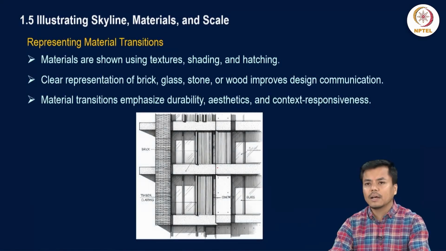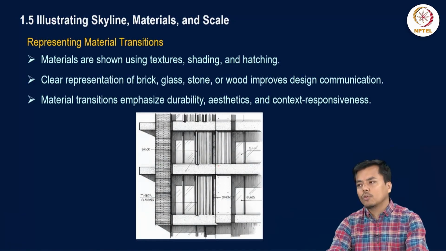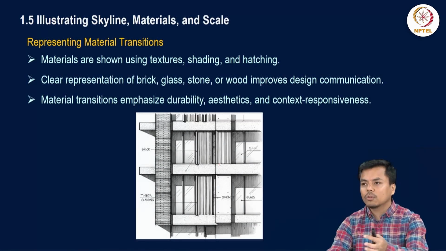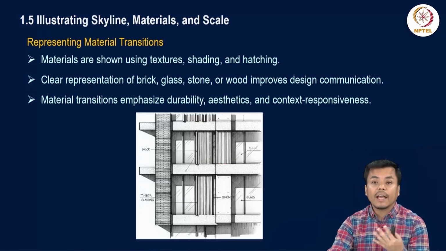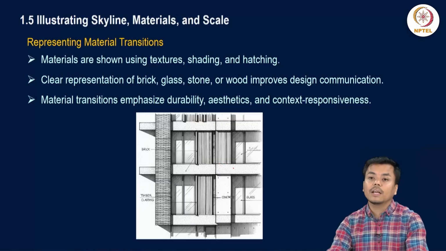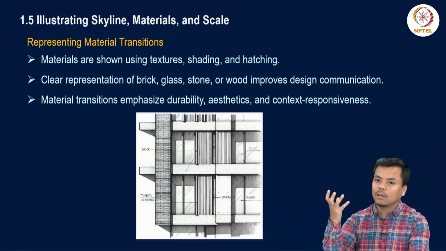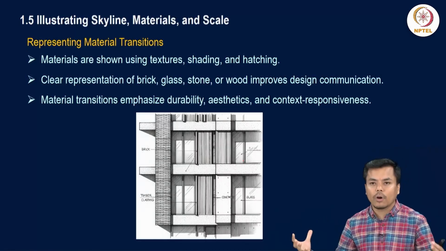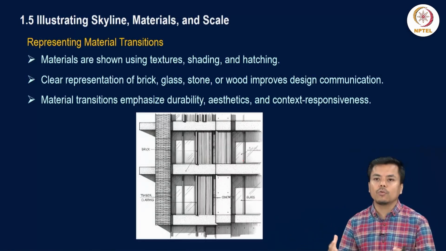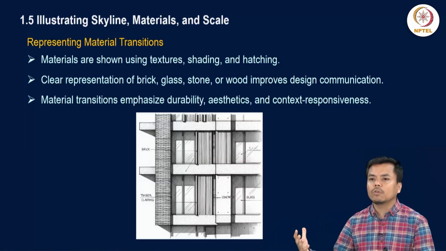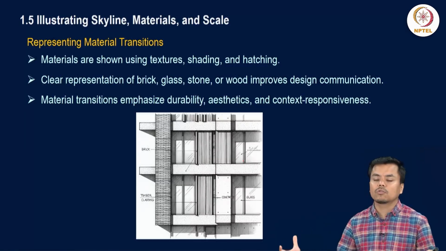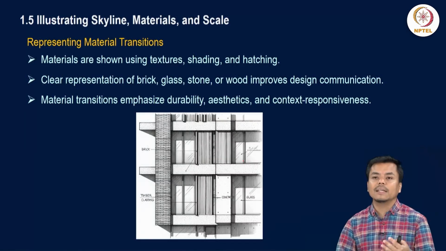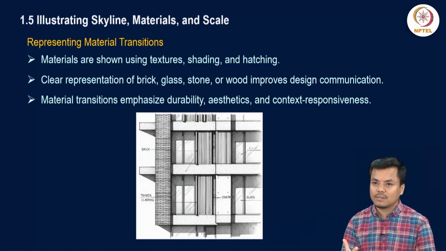Then representing the material transition, as we try to say that okay, we want to create something very iconic in that space. So this iconic, though you cannot show that through just the elevation of the building, it has to be shown in some context by specific use of material, and all that can be shown in elevation, but in terms of context that your building is creating some identity in the surrounding, and then it will attract a lot of people because of the curiosity that will develop.